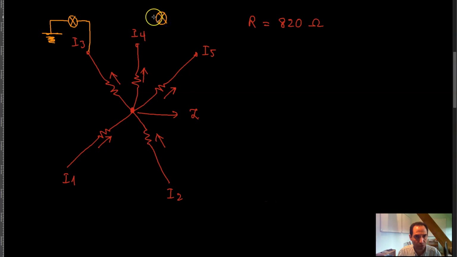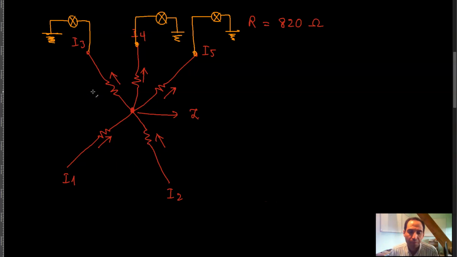Another light bulb over here connected to this node, and again the other end connected to ground, and a light bulb over here connected to this node and to ground, and these light bulbs have the exact same wattage, meaning that if the three light bulbs have the exact same wattages, that means that they draw the exact same currents from your power supply, right?